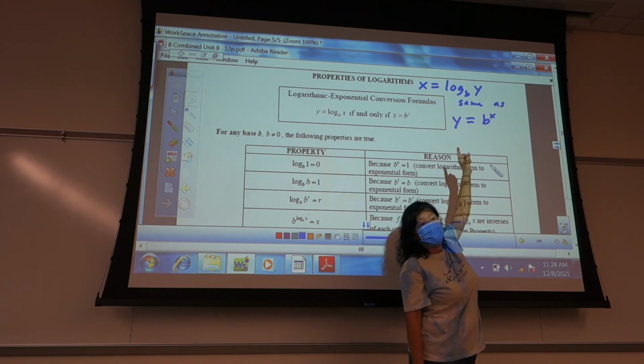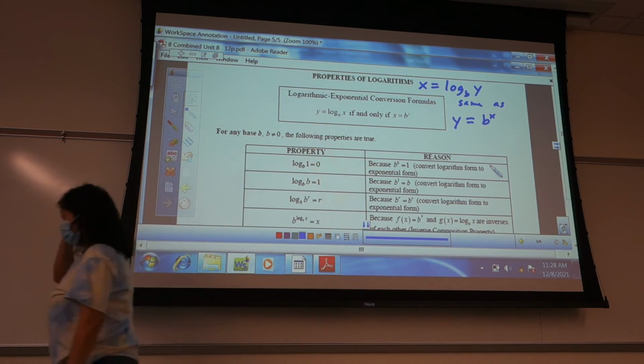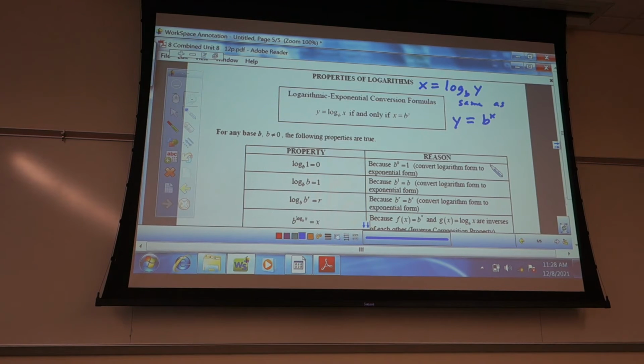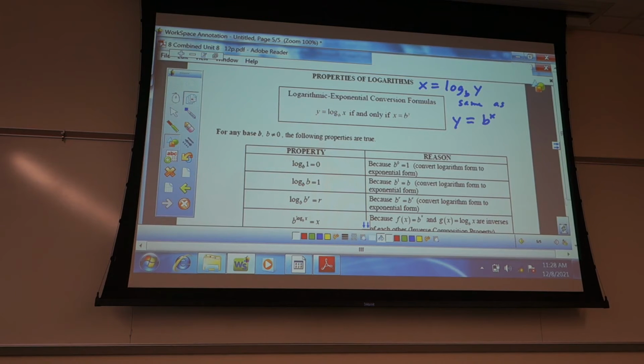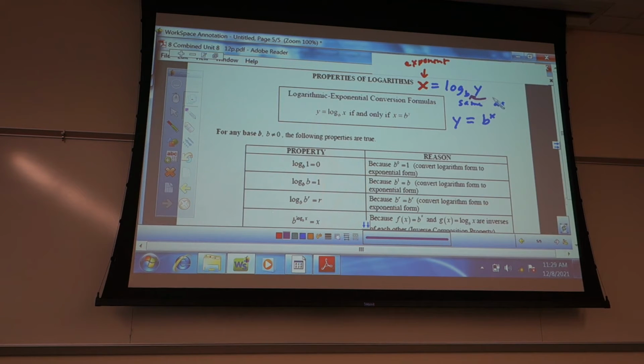So if you look at the log, x is your exponent, where you have the log of the base of the y. So this is my exponent. This is the exponent. Okay. This is my base.